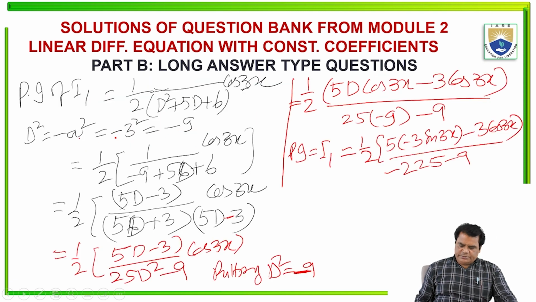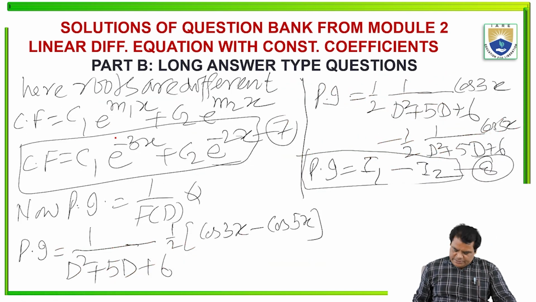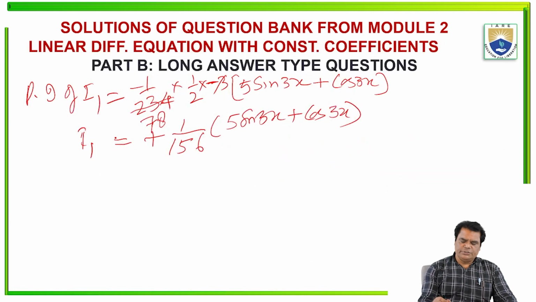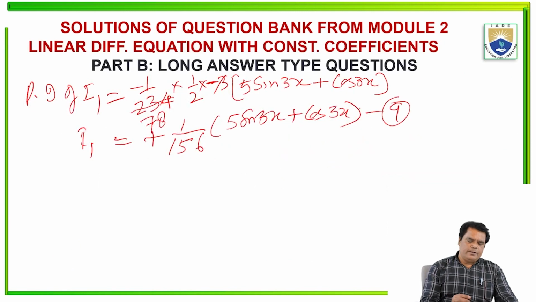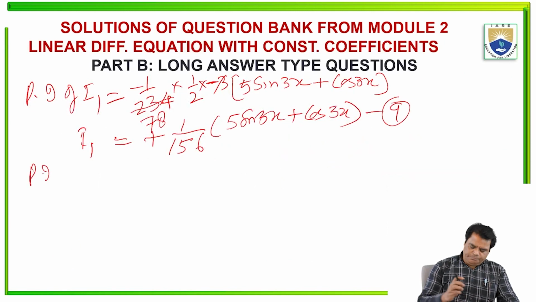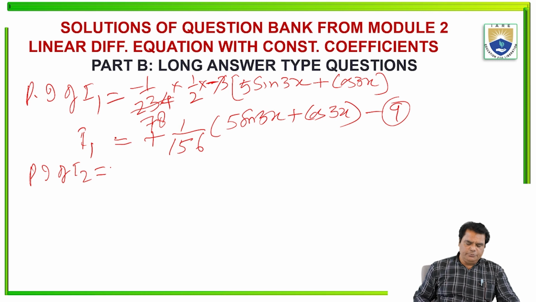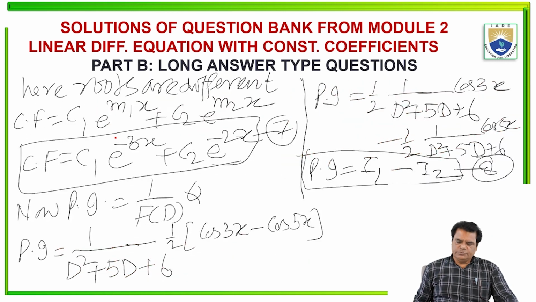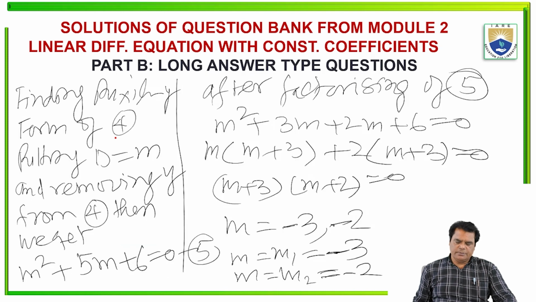This is equation 9. Now the PI of I2 is equal to, what is I2? I2 is cos 5x.